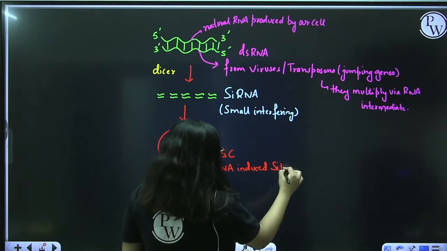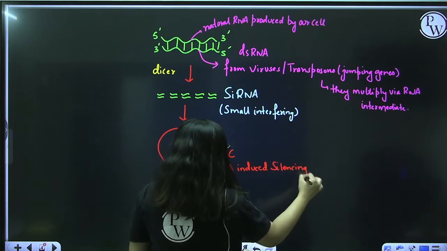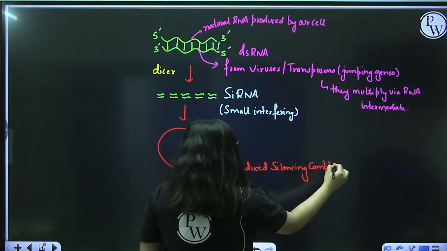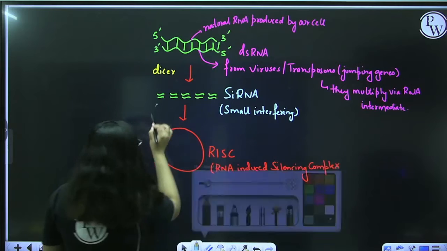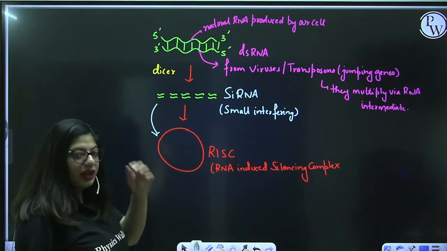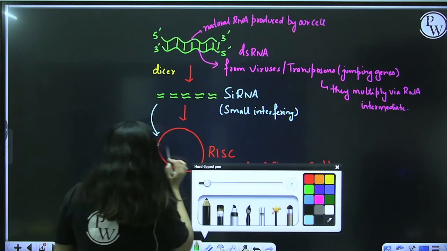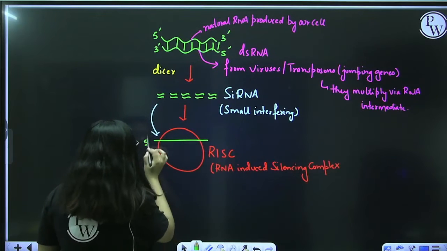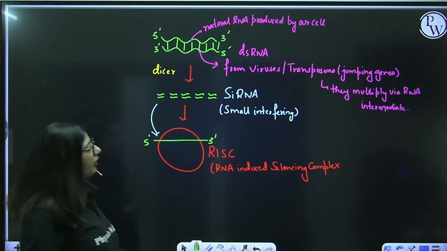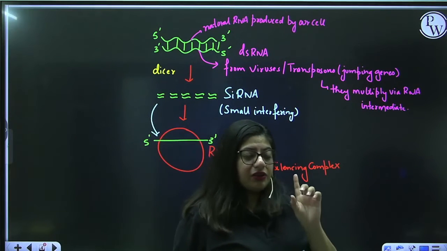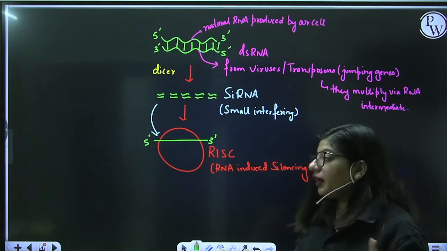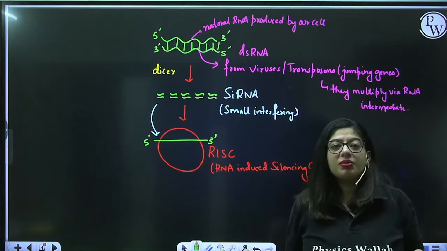So what this enzyme does is it will pick any of these small interfering RNAs, imagine it has picked this one, and it will destroy one of its strands and keep one strand for reference. RISC is an enzyme complex that can only activate with the small interfering RNA. It cannot directly activate with the large double-stranded RNA.